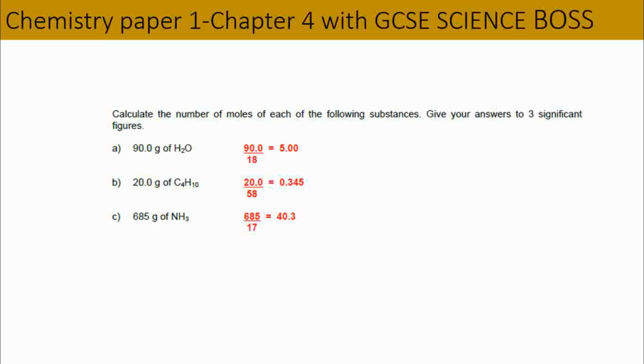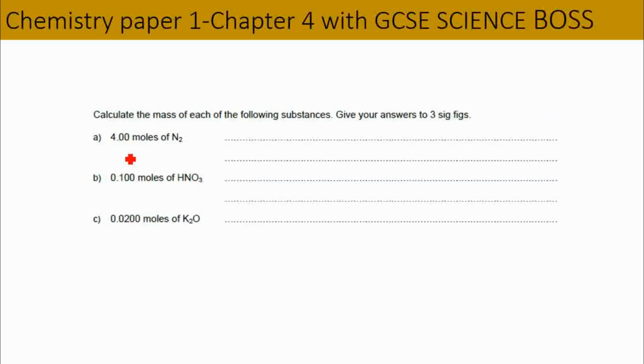Good. Now, they can also give you the moles and then ask you to calculate the mass. And of course, you just need to think about that same equation which we've done, which is Mr, moles, mass on the top. So let's go.